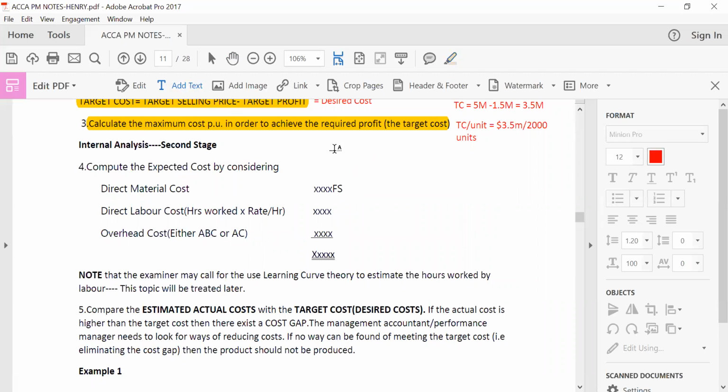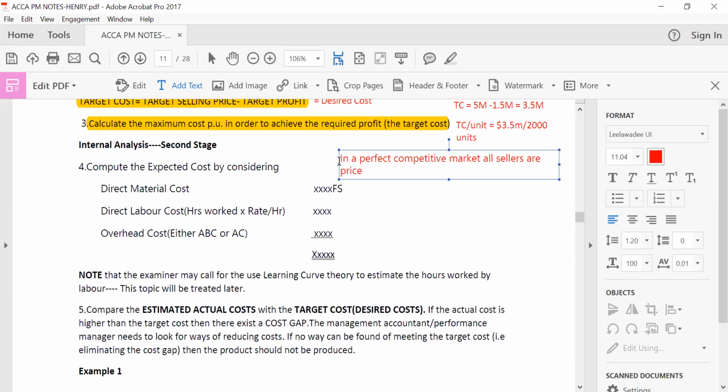So in a perfect competitive market, all sellers are price takers. Nobody's a price setter. Nobody's a price maker over there.